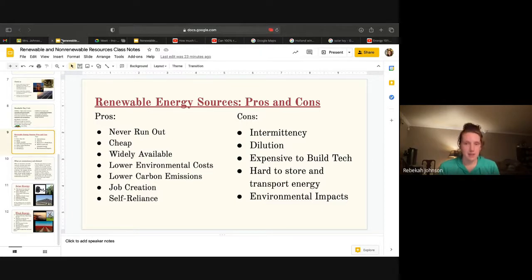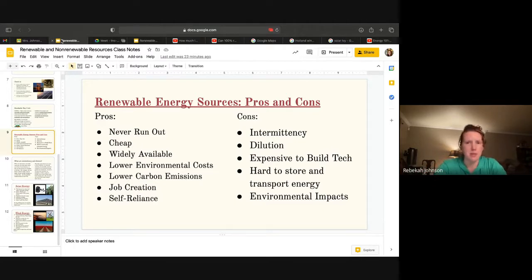It's widely available everywhere. Almost everywhere gets sunlight. Most places have wind. Geothermal energy pops up all over the world in all kinds of places, especially along tectonic plate lines where you have heat from the earth escaping through those slabs of crust.